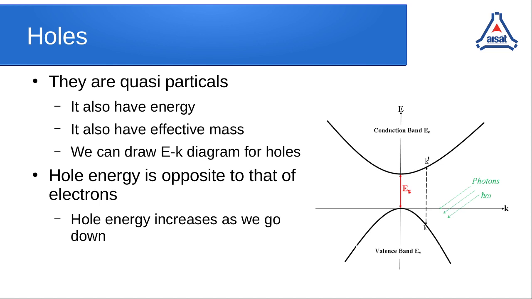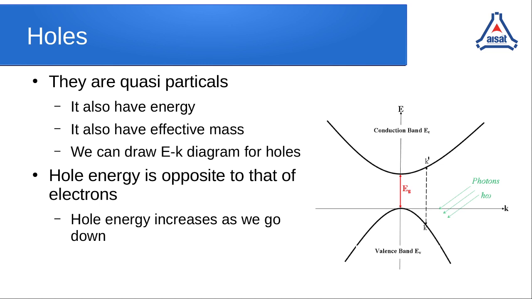It also has effective mass, and because it has an effective mass, we can draw the EK diagram for holes. If you remember the EK diagram for electrons, it is of the same shape as the top portion of the figure shown.